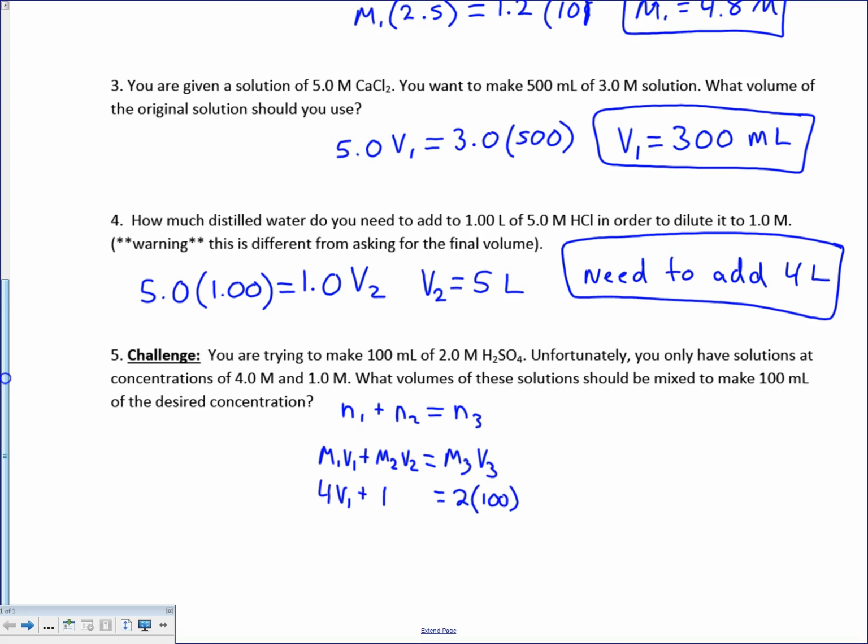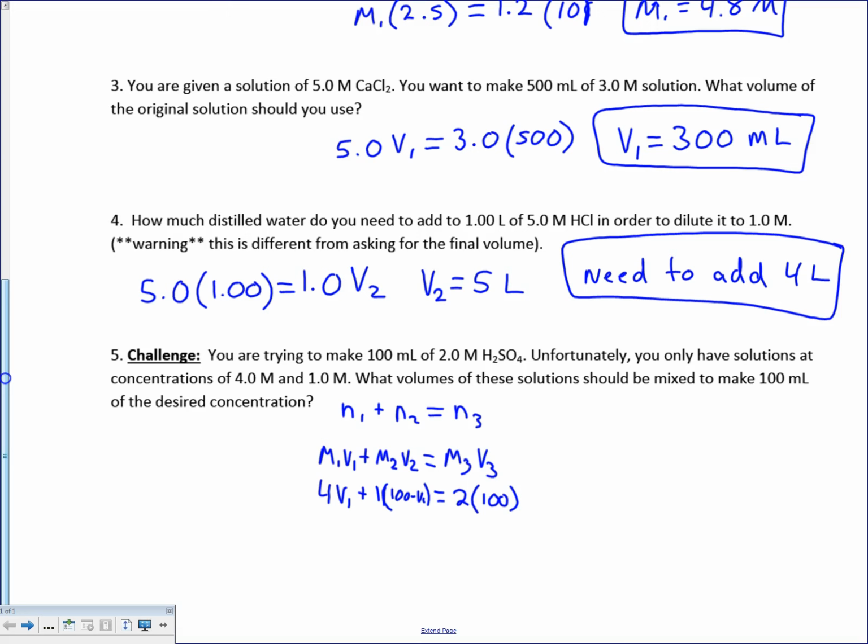Now, if we're trying to make 100 milliliters, this is where the really tricky part comes in. Whatever our volume 1 is, the remainder is going to be our volume 2. So instead of saying 1 times volume 2, I'm going to say 1 times 100 minus volume 1, because that will give us what volume 2 is. And now we only have one variable in there.